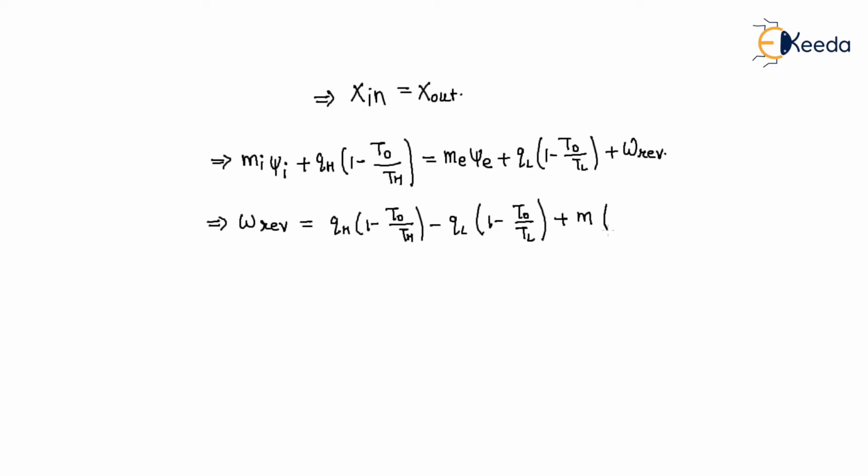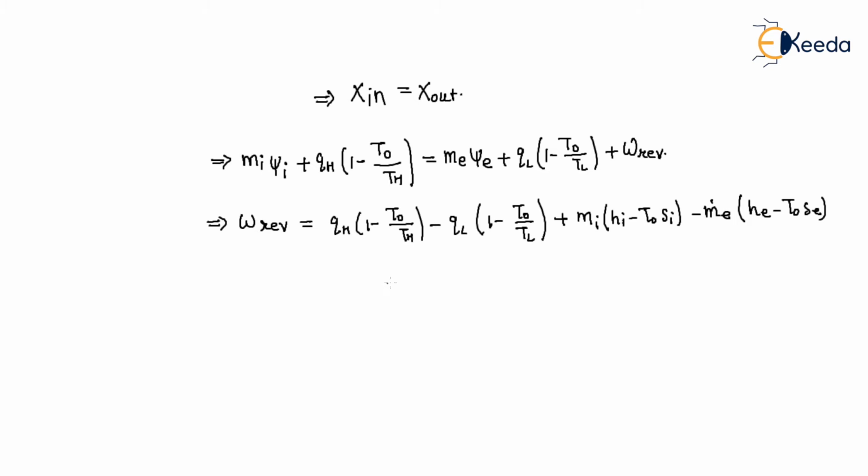What is psi I? If you take Mi, psi I is Hi minus T naught Si, minus what is Me? He minus T naught Se, right?